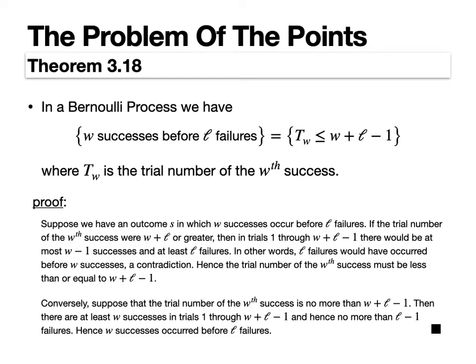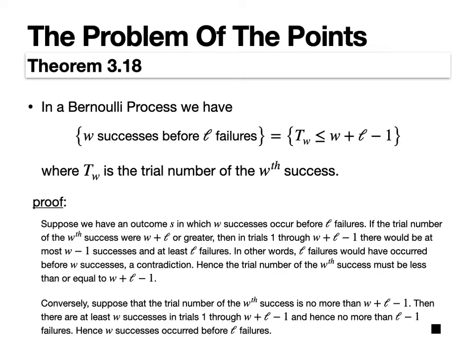So if there are at most W minus 1 successes in trials 1 through W plus L minus 1, that means there has to be at least L failures, because every trial is either a success or a failure. But if that were the case, then L failures would have occurred before W successes, and that's a contradiction, because we're assuming an outcome in which W successes occurred before L failures.